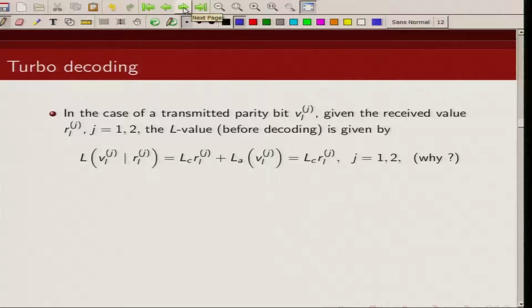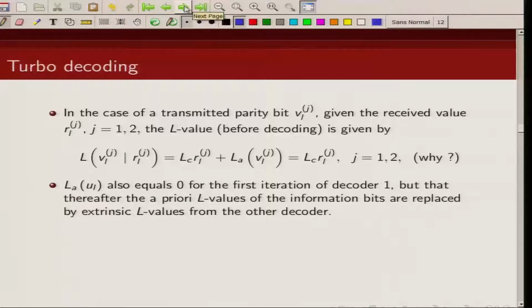Now, in case of transmitted parity bit, we do not have any a priori knowledge. So, in those cases this will be just LC RL1 or 2 depending on whether we are considering parity bit 1 or parity bit 2. As I said, initially we do not have any a priori knowledge about whether the bit is plus 1 or minus 1.